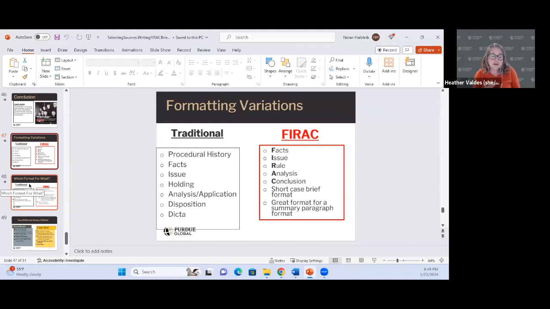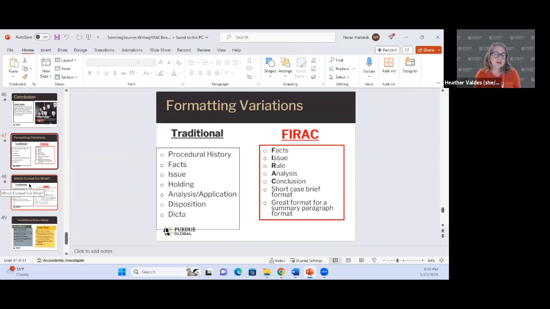So neither form is right or wrong. It's really a preference. The traditional format allows you to break it down into smaller component parts. And we were discussing earlier the majority opinion and a dissenting opinion, where one of the justices sitting on the panel doesn't agree with the majority and thus writes an opinion where they disagree and they walk through the rationale that they take in the case, reaching a different decision.